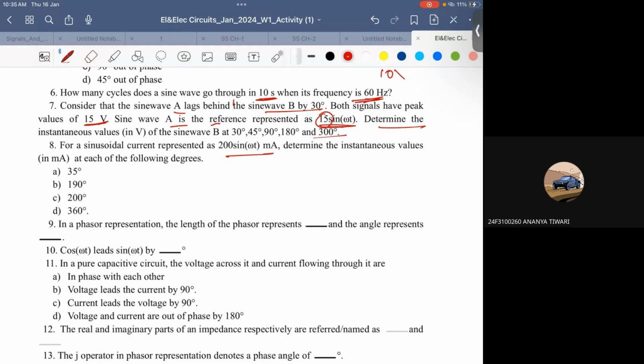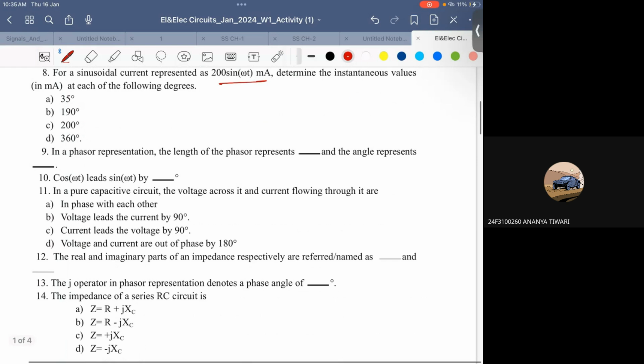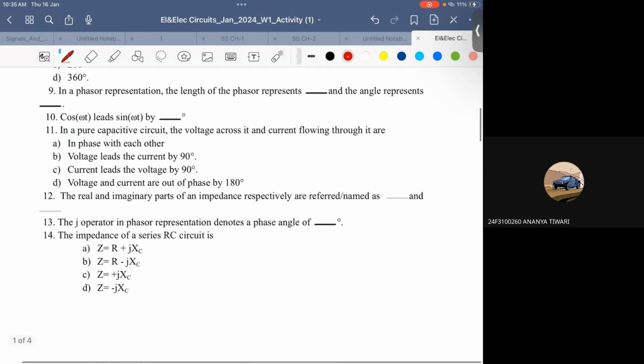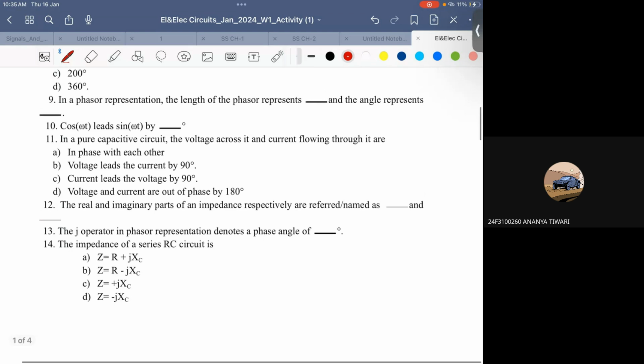For graded, we can give you a hint if you are facing any issue, but we will not discuss the whole problem. Also try to solve some questions from GATE or network theory, and we'll discuss if you have any problem there.